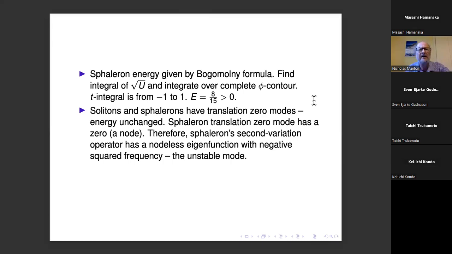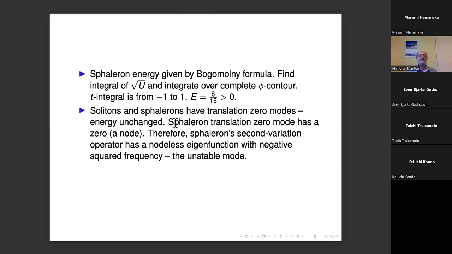These are the eigenvalues of some operator, a second order Schrödinger type operator. Now, one of these modes is always the translation zero mode. That's got zero frequency. That's a small deformation of the soliton or Sphaleron, where you just translate it infinitesimally. And that's always got zero frequency because the energy is unchanged.